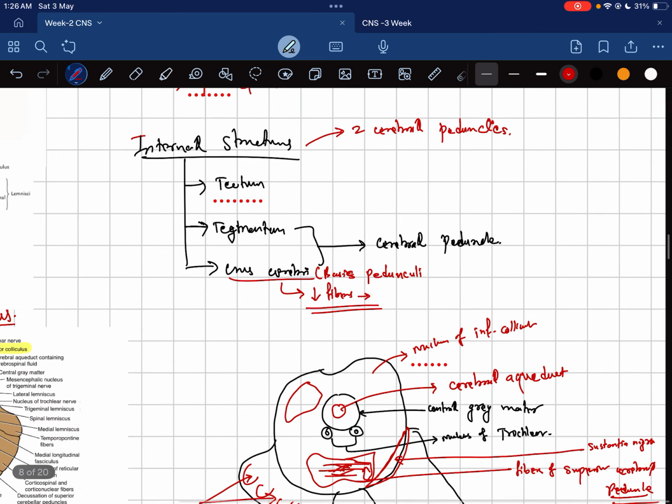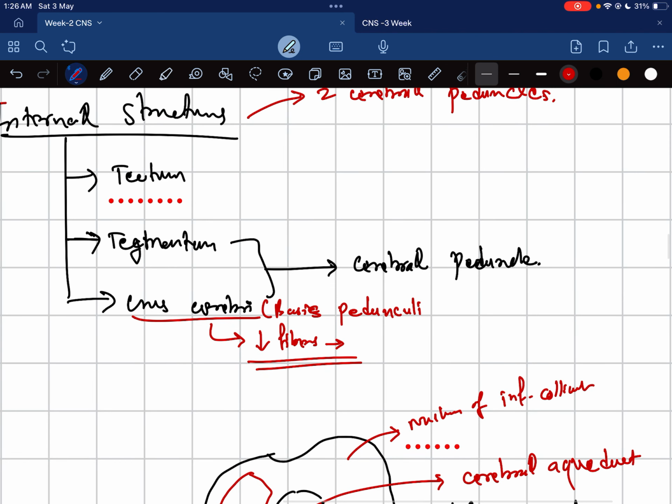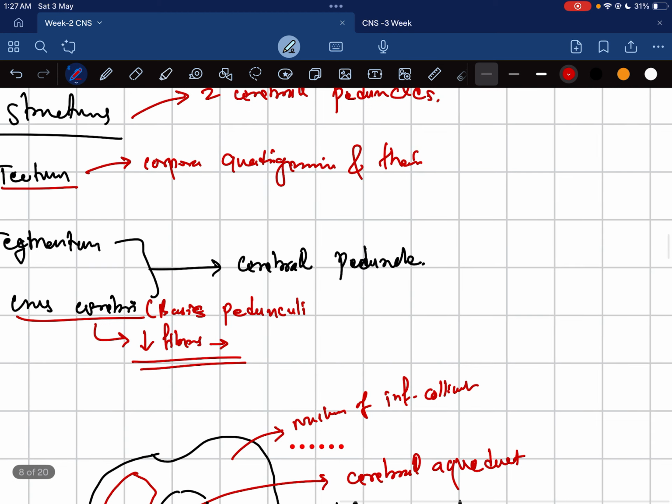After that, the tectum. The tectum contains the corpora quadrigemina and their brachia.